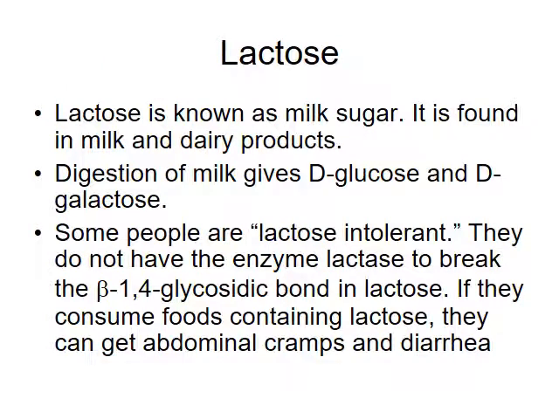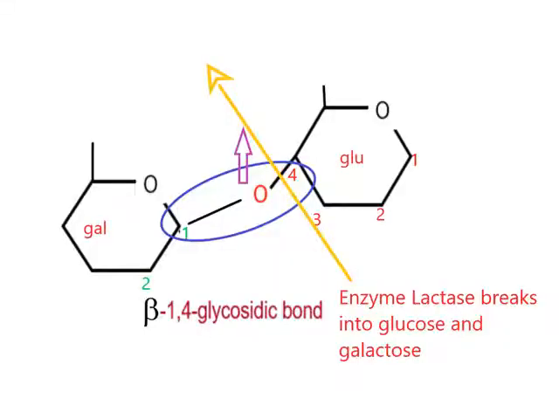Okay, lactose. Lactose is milk sugar, which we talked about when we talked about galactose. Lactose is a combination of glucose and galactose, and we'll talk about lactose intolerance in a second here. So lactose looks like this. It looks a lot like maltose, but instead it has a galactose and a glucose.